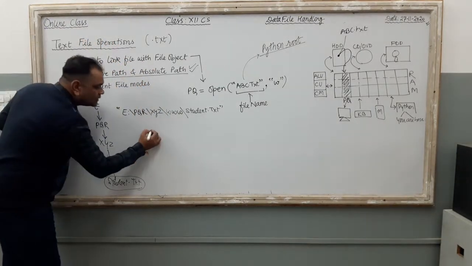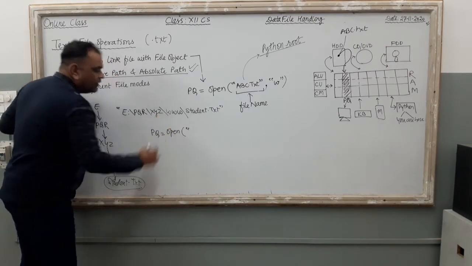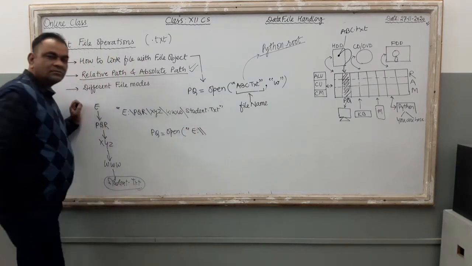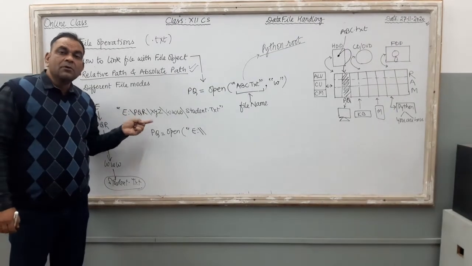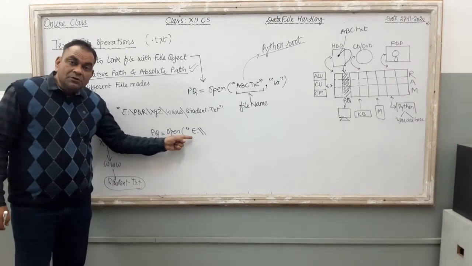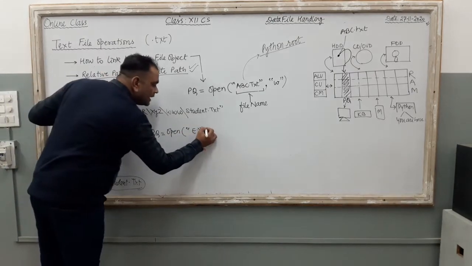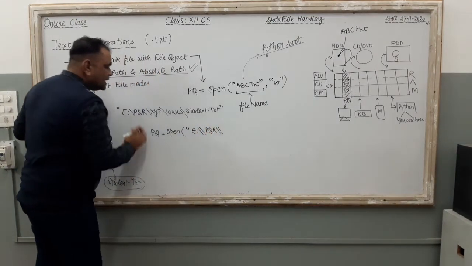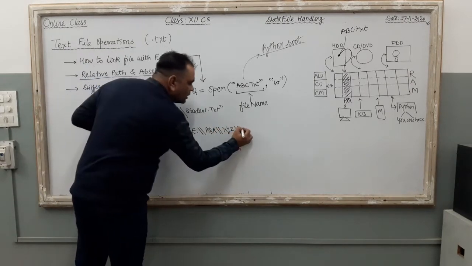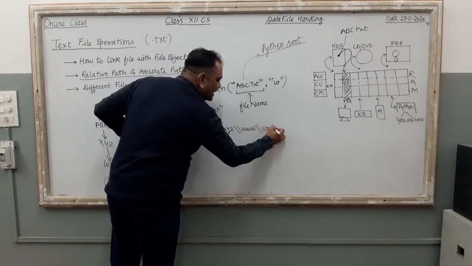Now मैं पूरी कमांड लिखता हूँ, देखो पूरी कमांड क्या है, pq equal to open, here with this E, 2 स्लैश. जहां भी सिंगल स्लैश है आपको उसको डबल स्लैश में कन्वर्ट करना है when you are going to write the file absolute path with the open command. 2 बार स्लैश में कन्वर्ट करना है, डबल स्लैश, देन PQR, देन अगेन डबल स्लैश XYZ, देन अगेन डबल स्लैश www, then double slash, here the file name it is student.txt.